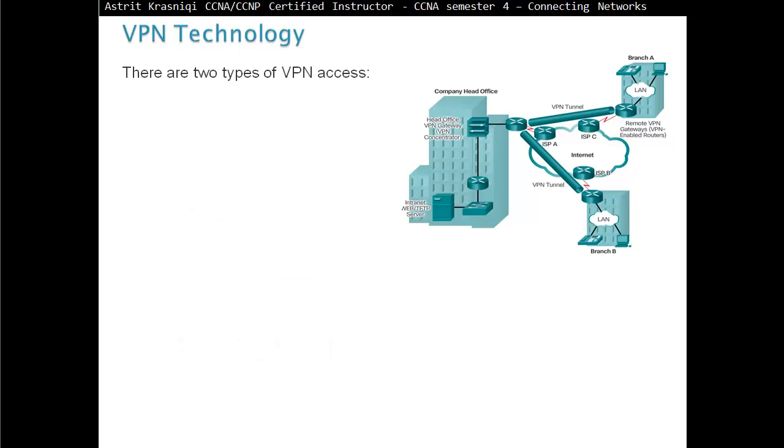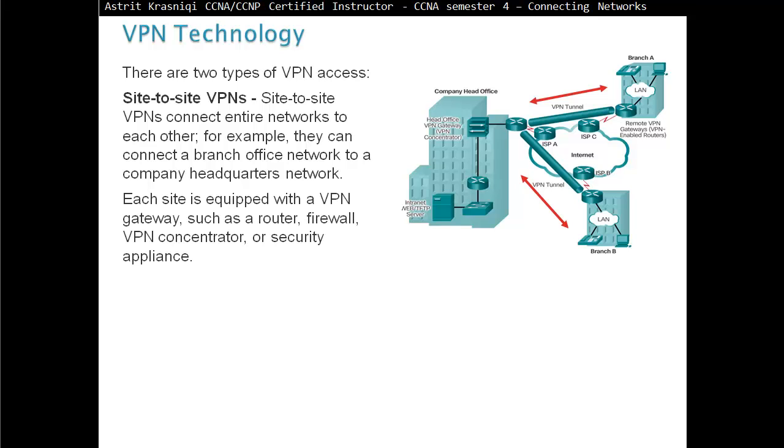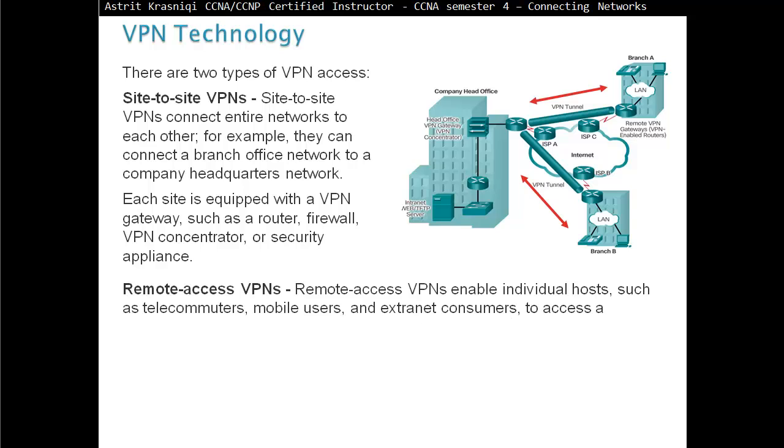There are two types of VPN access. Site-to-site VPN connects entire networks to each other. For example, it can connect a branch office network to the company headquarters network. Each site is equipped with a VPN gateway such as a router, firewall, VPN concentrator, or security appliance.